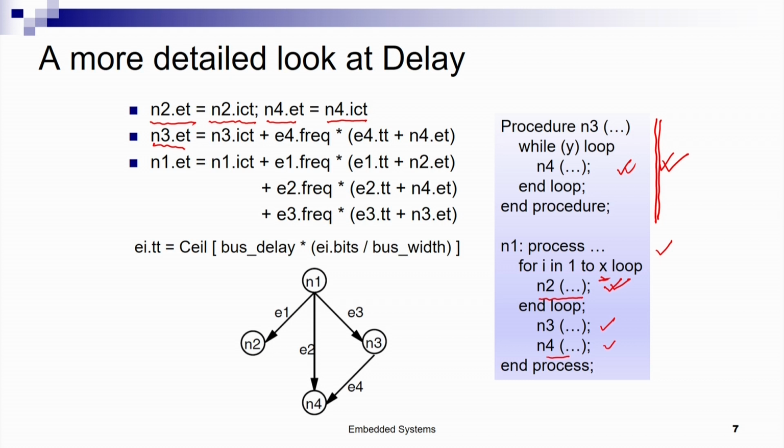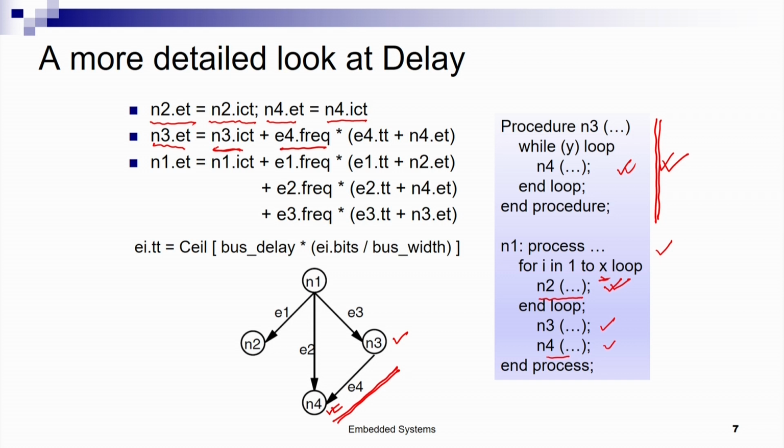So, what is the total execution time of N3? It is given by the internal computation time of N3 plus what N3 calls, N4. N3 calls N4 over the edge E4. Let us say the number of times N3 calls N4 is given by E4.freq.